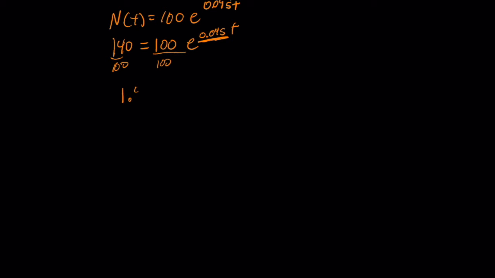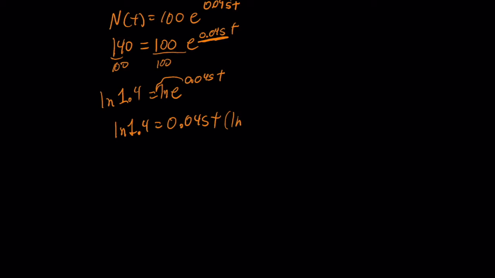So first, we divide both sides by 100. I get 1.4 equals e^(0.045t). Now, in order to get the t variable no longer to be an exponent, I take the natural log of both sides. So I have the natural log of 1.4 is, I can move this exponent to the front, 0.045t times the natural log of e, which is just 1.